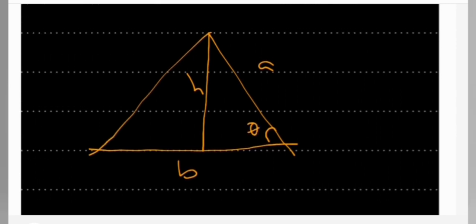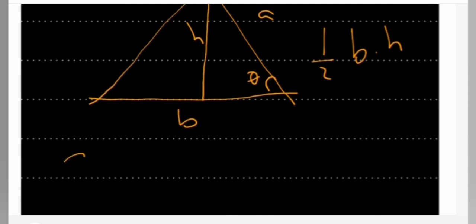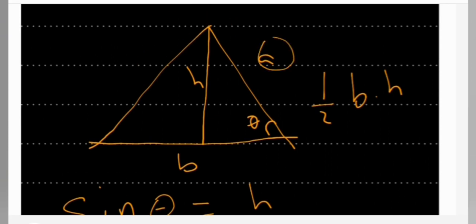Now look, the area that we know is half of B multiplied by H, right? Half of B multiplied by H, the base multiplied by the height. Now remember that we can express sine of the angle by the opposite divided by the hypotenuse, right?